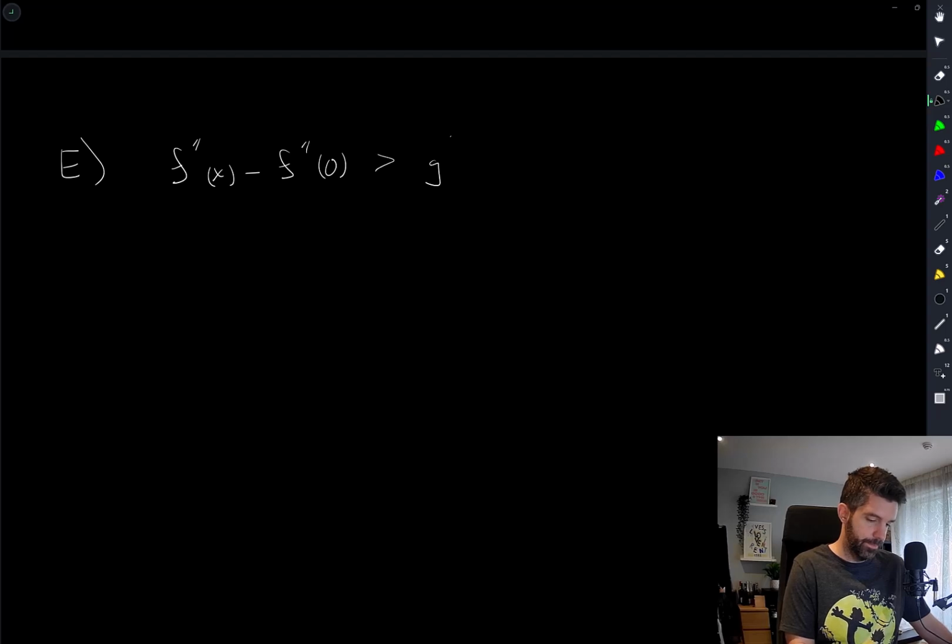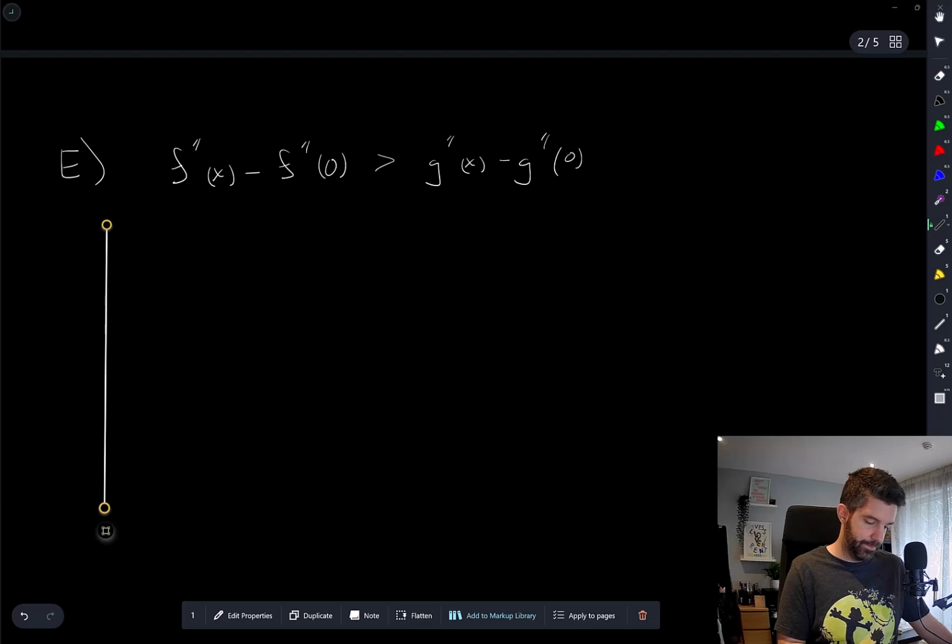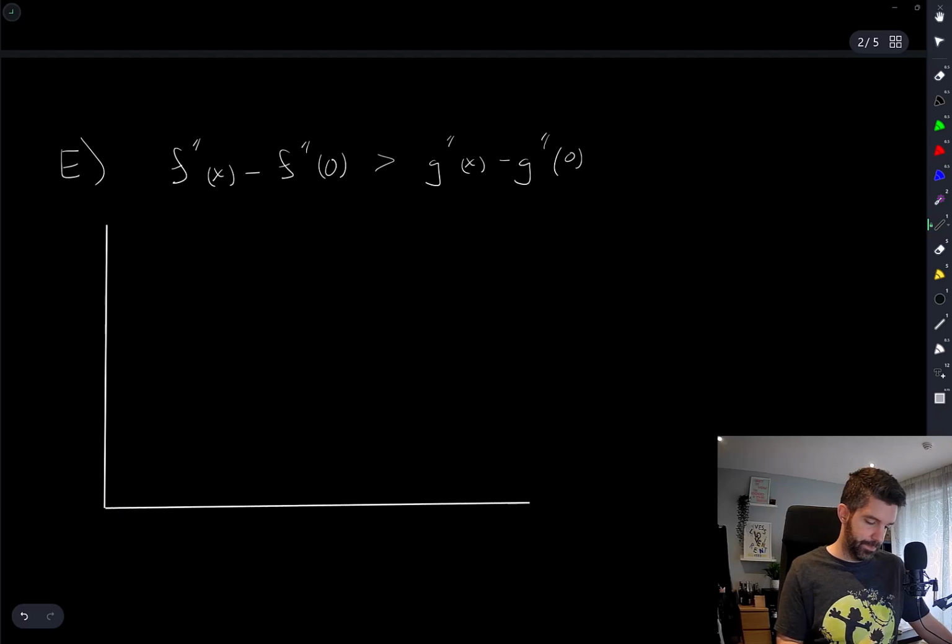And finally, option E. Ooh, man, we're just really taking it to limits here. Again, let's just take f to be a straight line. So there's the function f.